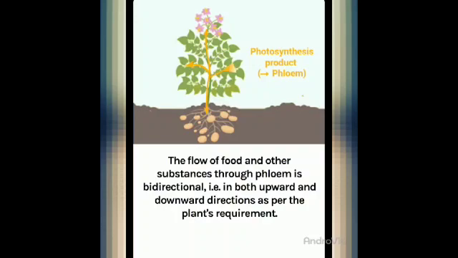If I ask the difference between the xylem and the phloem tissue, you can write that the transport of water and minerals through the xylem tissue is unidirectional, and the transport of food and other substances by the phloem tissue is bidirectional.